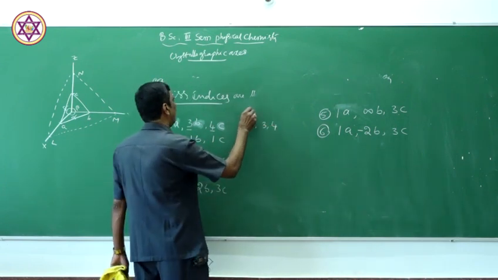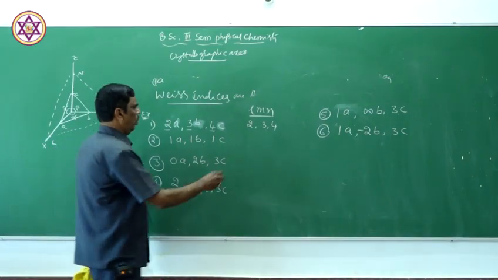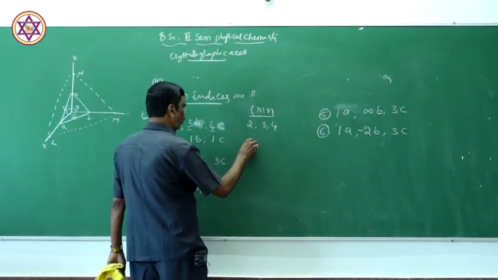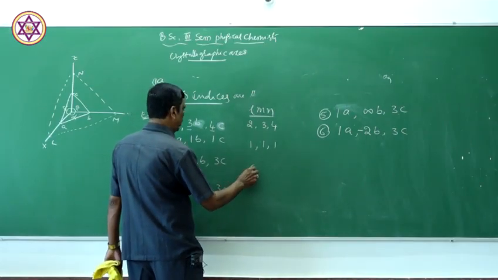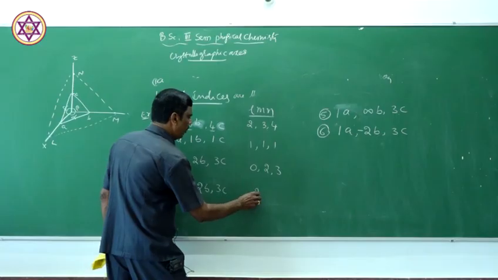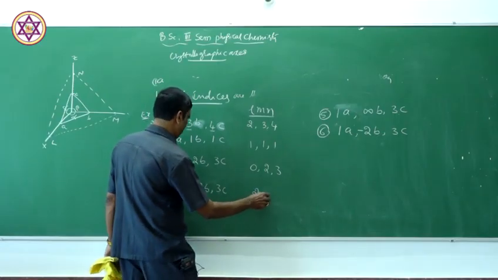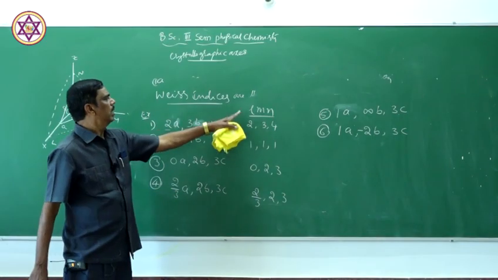So, this is equal to L, M, N. The LMN indices are 2, 3, 4, then 1, 1, 1 in this case, then 0, 2, 3 in this case, and a fraction 2 by 3, 2, 3 in this case. So, these are the Weiss indices.